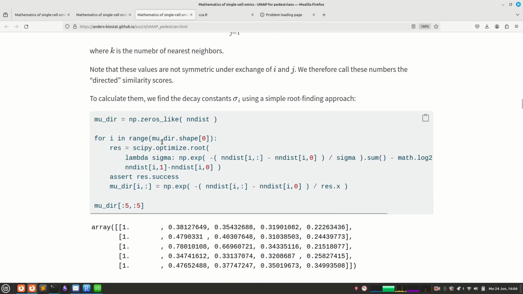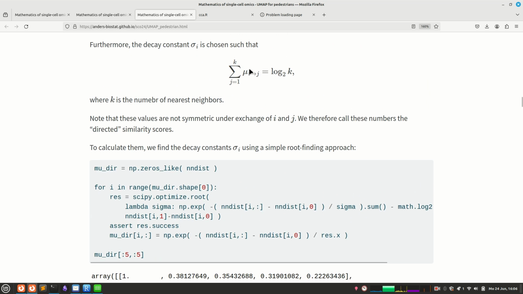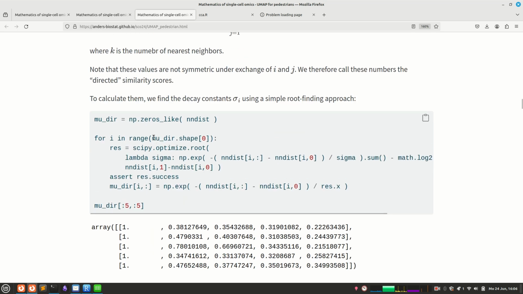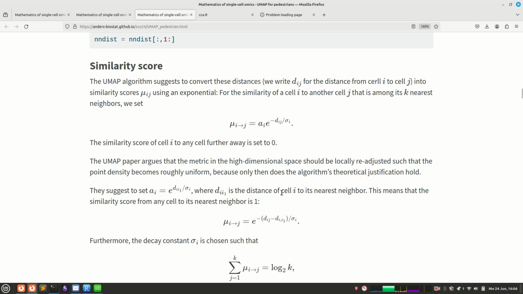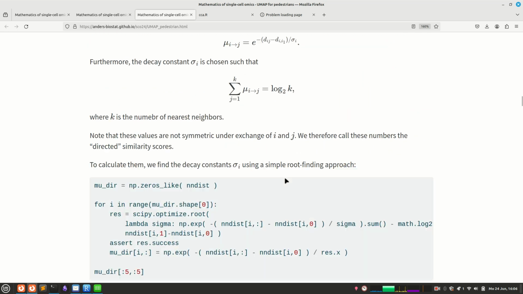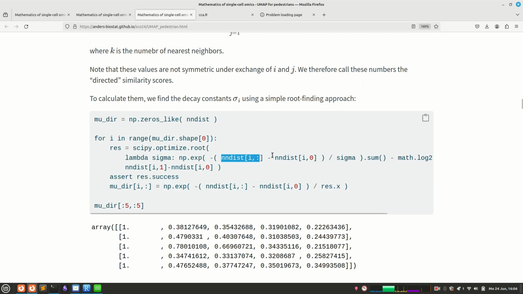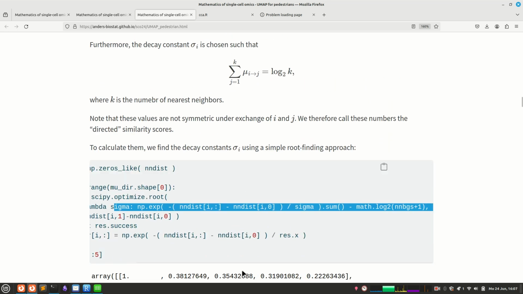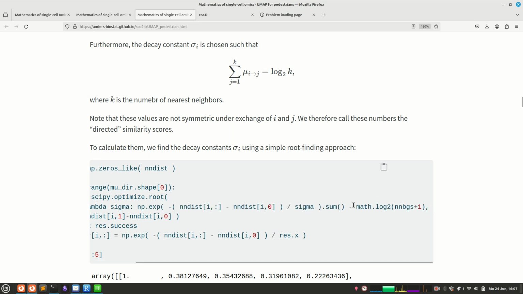Here, in order to find the right sigma that causes this to add up, if you want to do this in Python, you have to do it like this. I write myself this function with exponentiation, and I put in a candidate value of sigma, and it calculates the sum that you see here, which is supposed to add up to log 2.